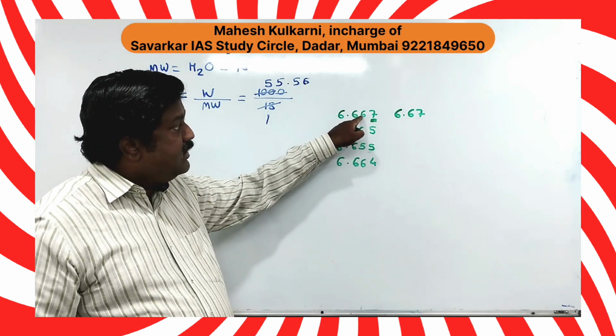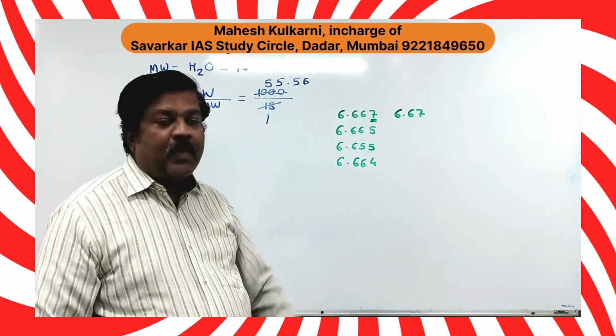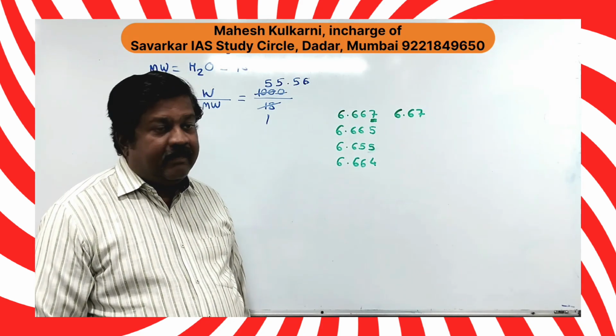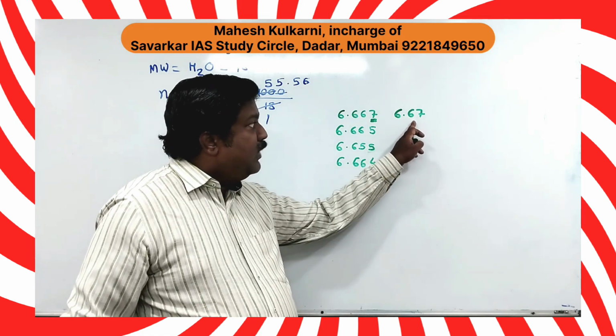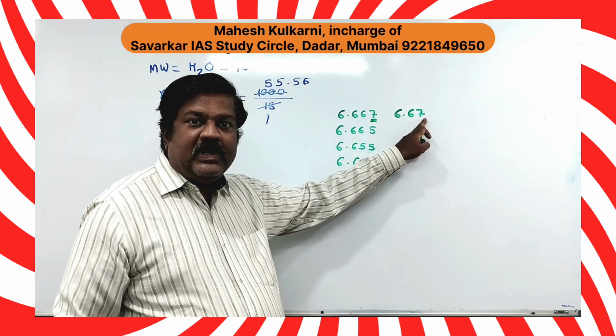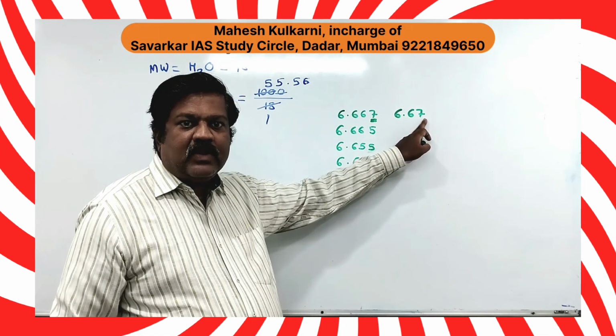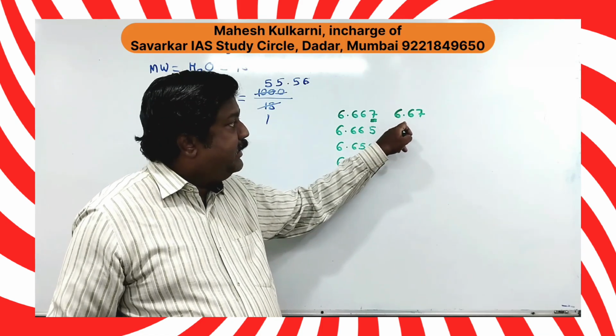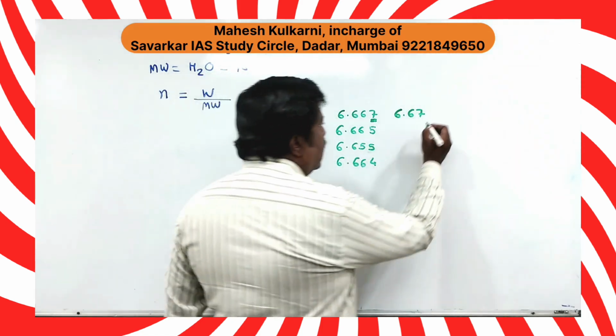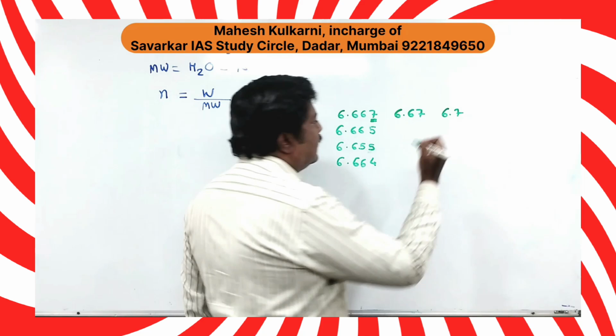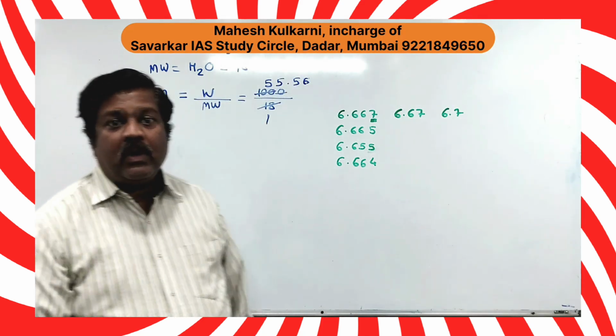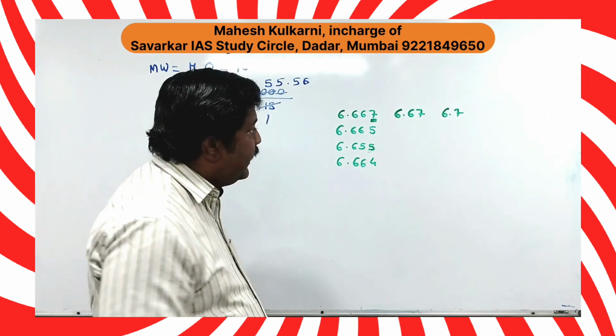So I have added 1 here and the answer is 6.67. Now suppose I have to round up to 1 decimal only, then obviously the last digit is greater than 5. So I will add 1 here and the answer will be 6.7. So I may write here also that this can be rounded as 6.7 for 1 decimal.